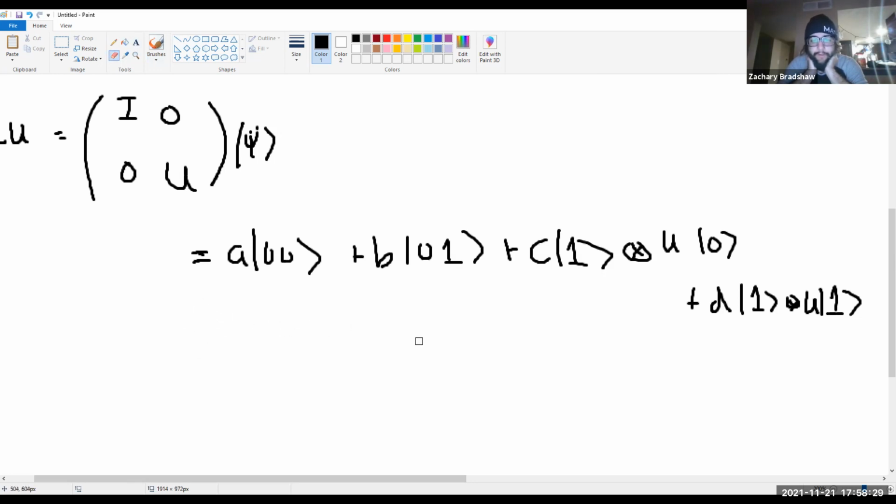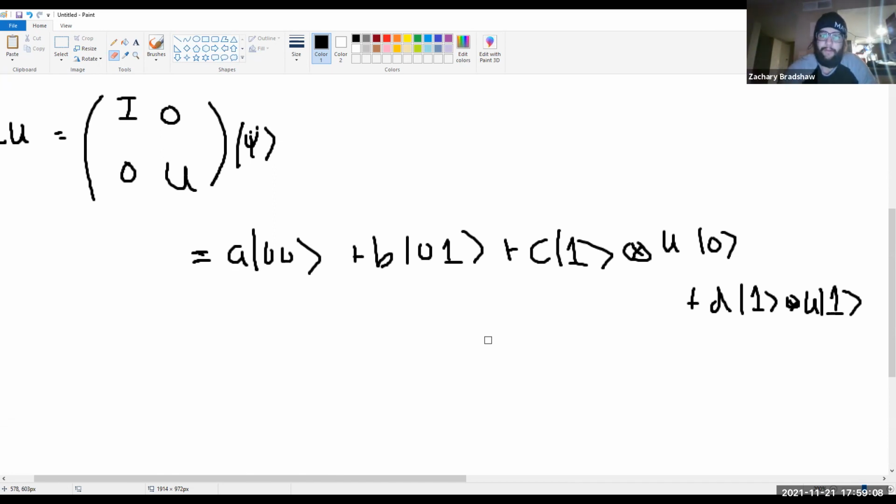So you make the measurement of the first qubit in the computational basis. It's going to be either 0 or 1. So let's take the first case. Suppose 0, the output is going to be A|00> plus B|01> over the probability of getting 0, which is A squared plus B squared.